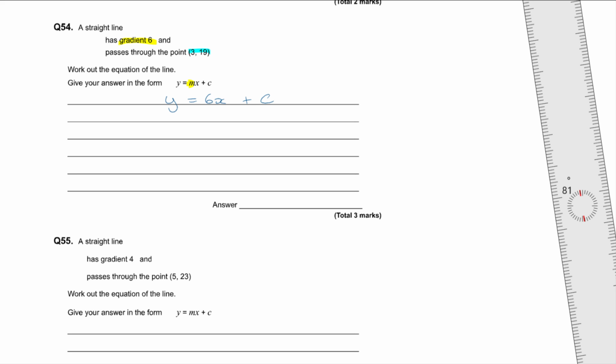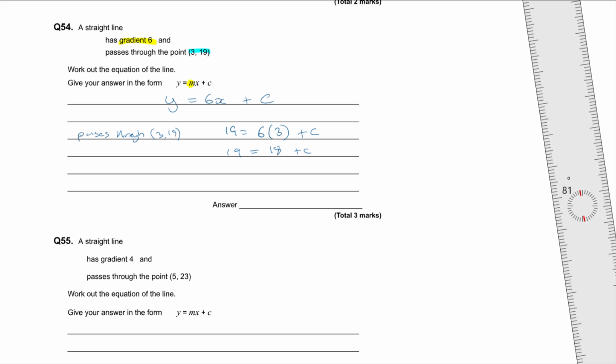So if I say it passes through (3, 19), now 3 is the x coordinate and 19 is the y coordinate. So if I sub in 19 for y, I can say 19 is equal to 6 lots of 3 plus c. 6 threes is 18, so 19 is equal to 18 plus 1.